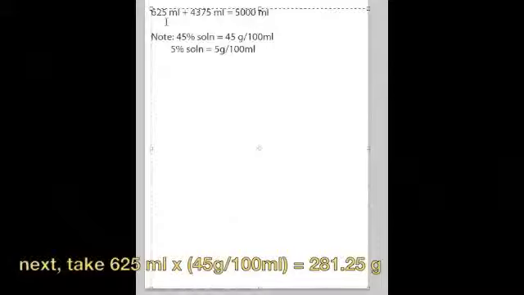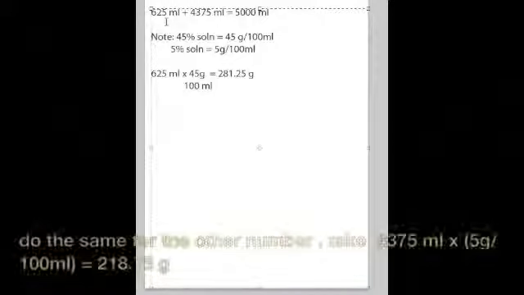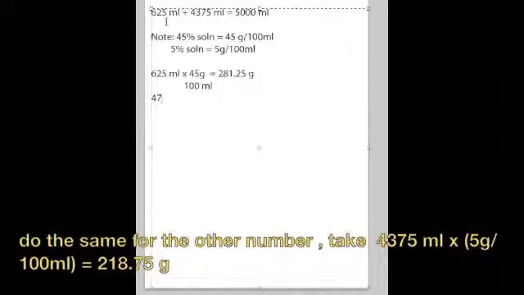Next, you take 625 mLs and you multiply it by 45 grams over the 100 ml solution. The answer should be 281.25 grams. Do the same for 4,375 mLs.